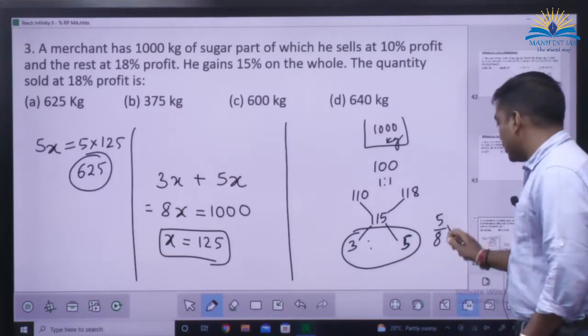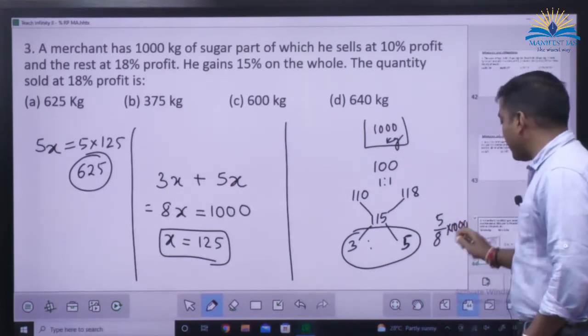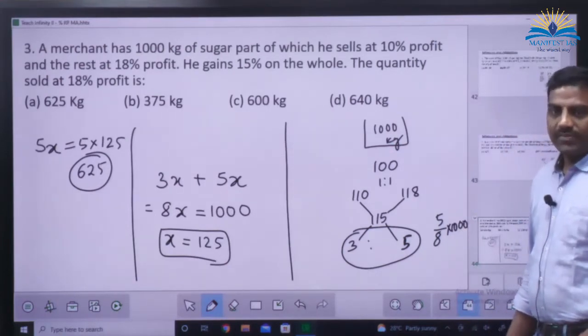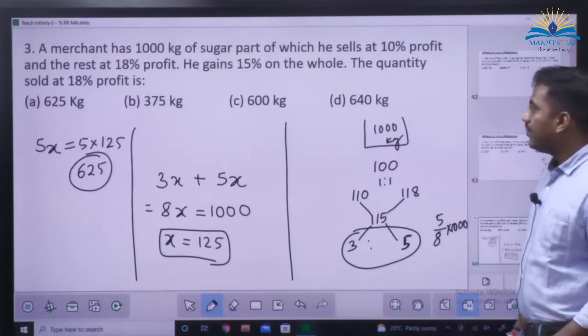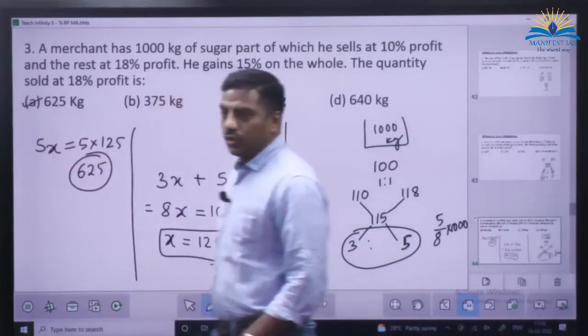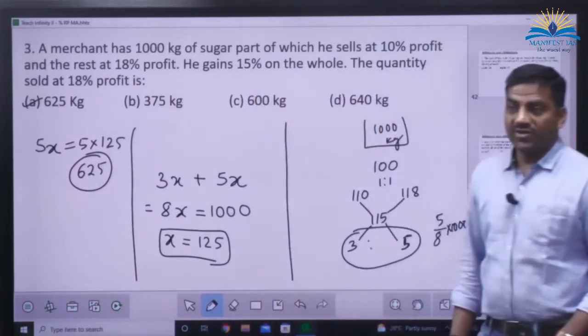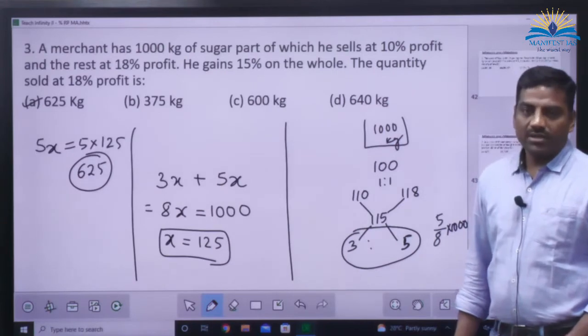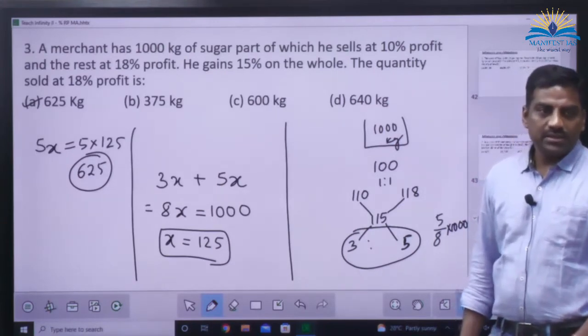Into 1000, then also you will get 625. So finally, he has sold 625 kg of sugar at 18% profit and another 375 kgs at 10% profit. Understood?